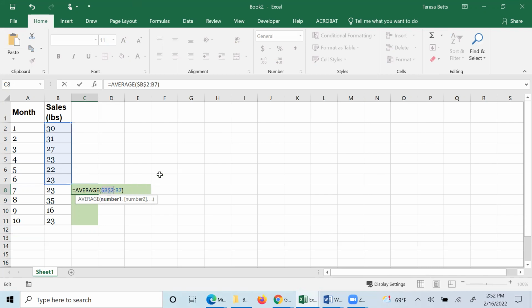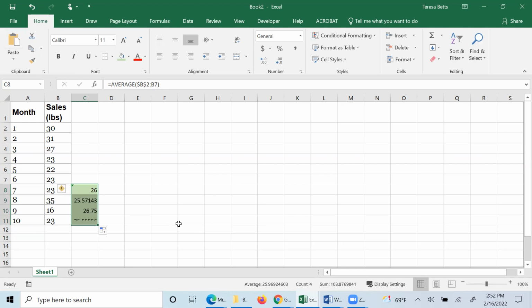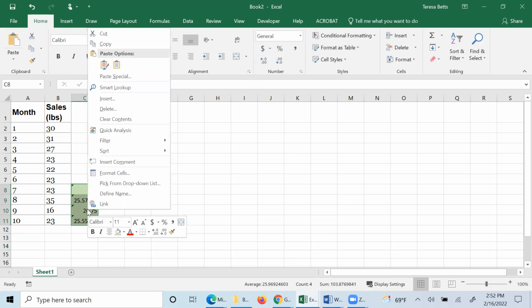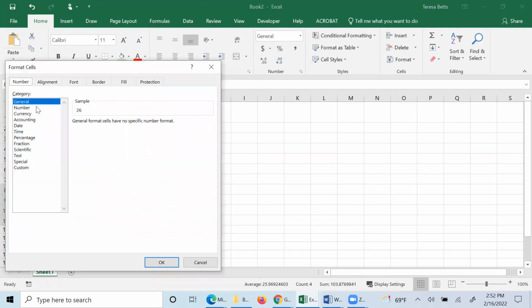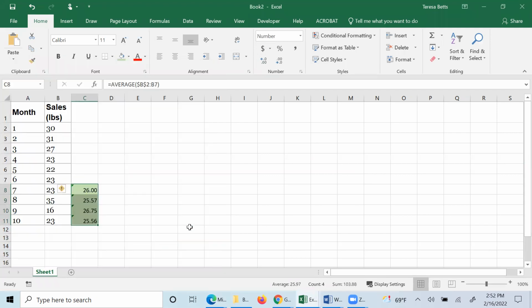Because we're always going to gather all of the data that we have and take the average of that, I want to fix that first cell reference by putting the dollar signs in there, so that when I copy the formula down, it automatically adjusts. To make this look a little nicer, I'm going to right click and format cells to 2 decimal places. Okay, so this is the simple mean.